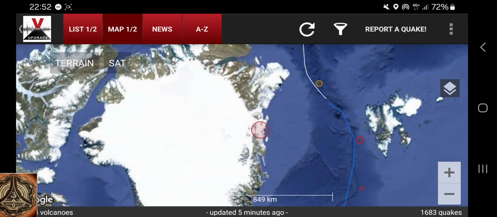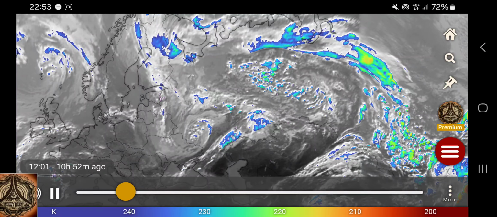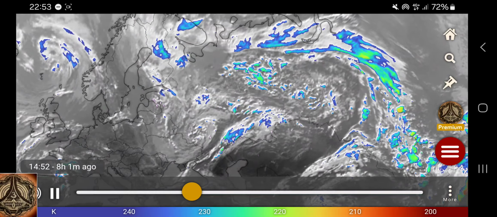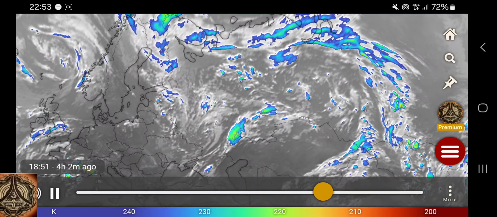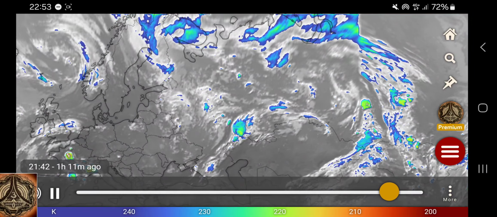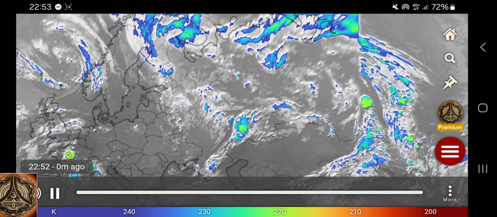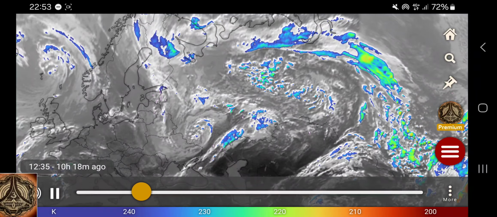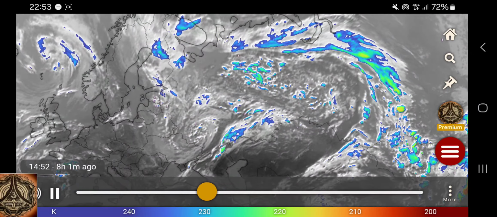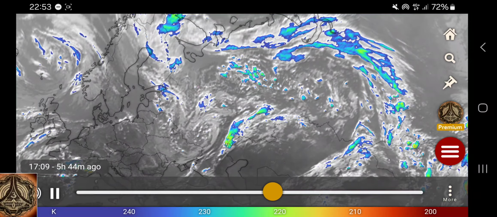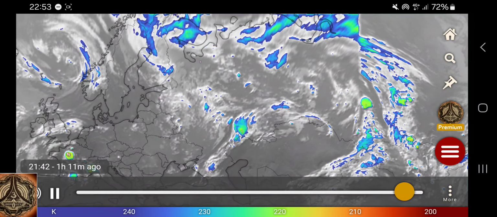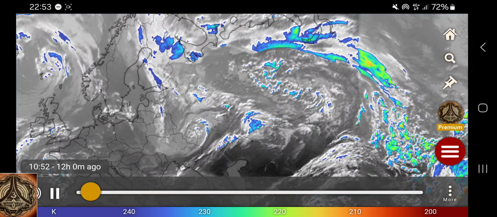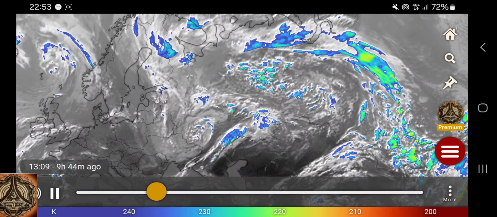Let's have a quick look at the weather maps. Because not only do we have elevated geomagnetic activity, CMEs are hitting Earth and stuff like this. Some of them are probably still approaching. And as always, they talk about the plasma speed, about the polarity of the plasma, about the density.